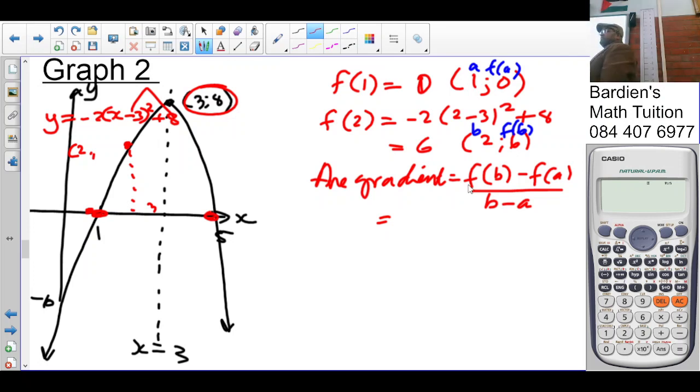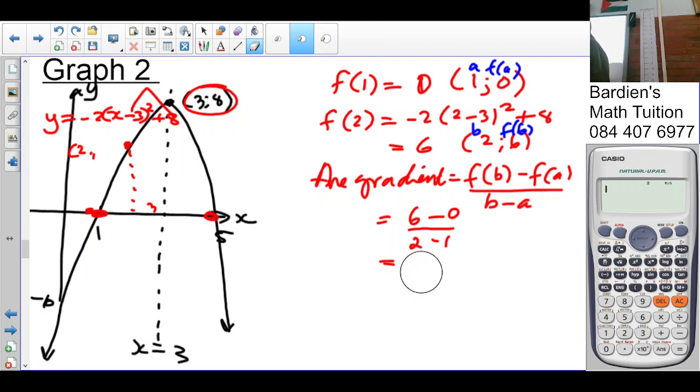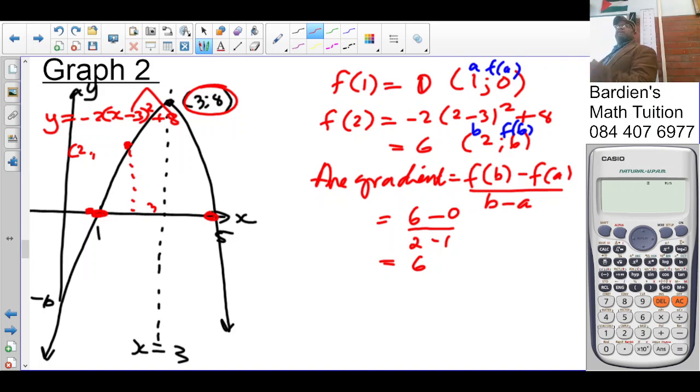You all okay with that? So what would we have? 6 minus 0 over 2 minus 1, which gives us 6 over 1, which is 6. So what does that tell us? The graph is increasing at a rate of 6.